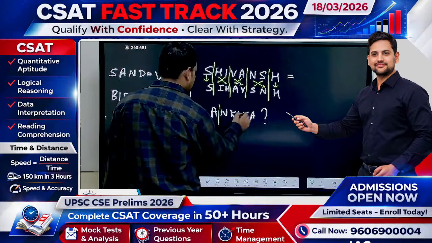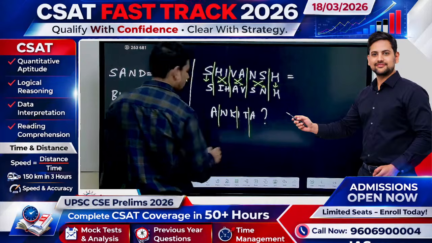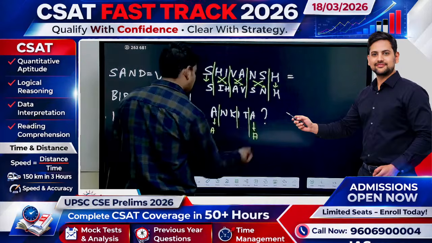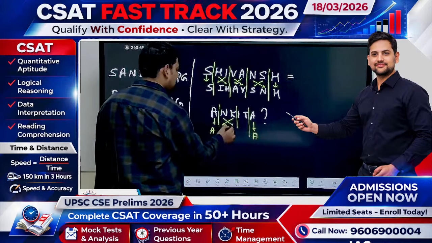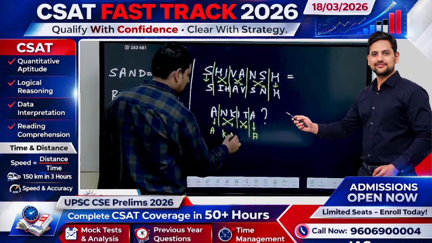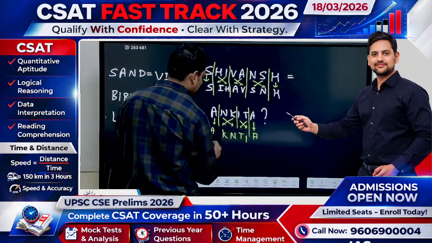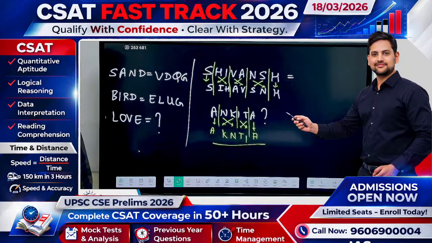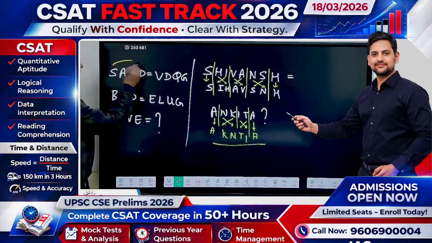Now we'll do the same here. A is back again. A is back again. Now this we will write crisscross. So K N T I A. Done. Simple.